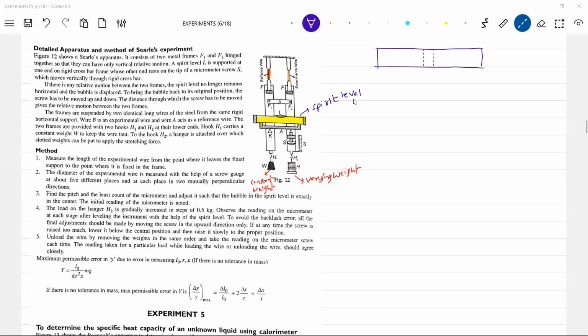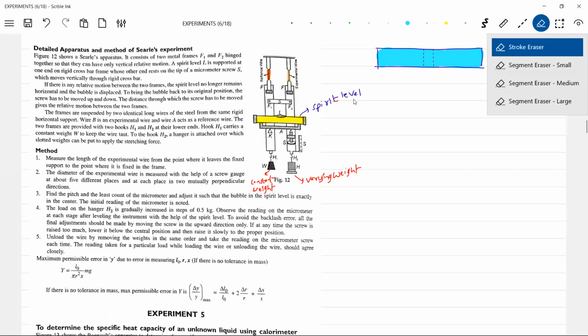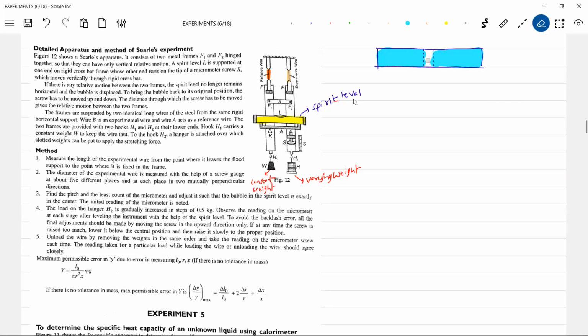This is all water, with a small bubble located inside. It is a very important device.